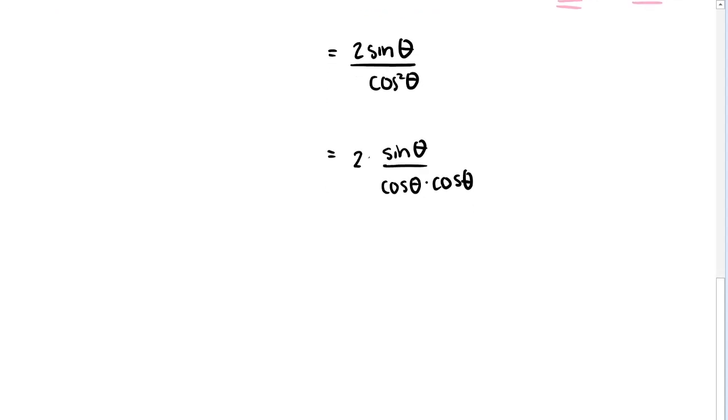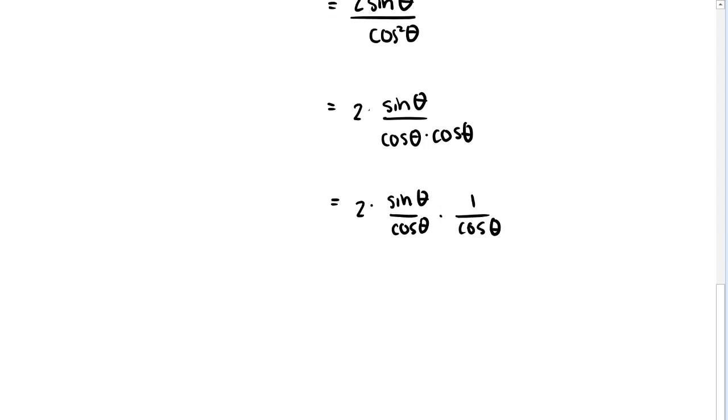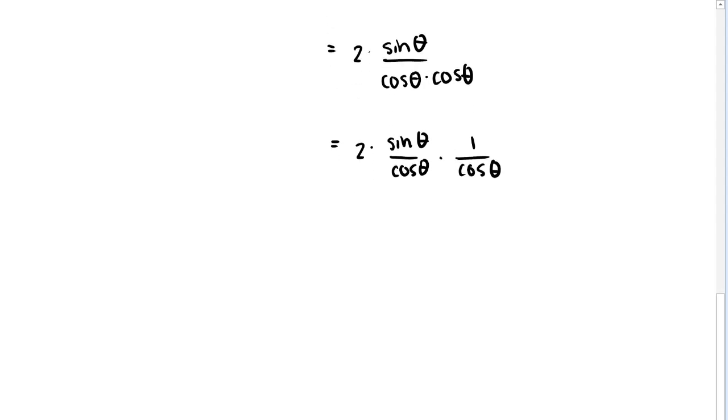I can break this even further apart as 2 times sine of theta over cosine of theta times 1 over cosine of theta. This might be a little more work than is necessary, but I just want to make it very clear what's happening. And then this ends up as 2 times sine of theta over cosine of theta, that's the same as tangent of theta, and 1 over cosine of theta, that's the reciprocal function, secant of theta. So this is exactly what we wanted to show.